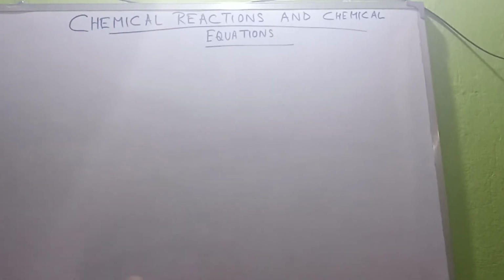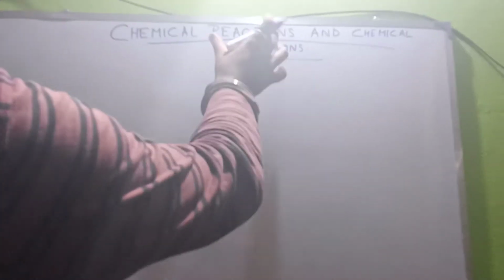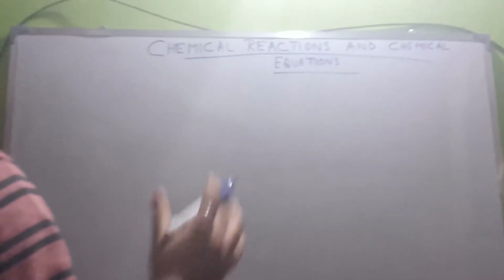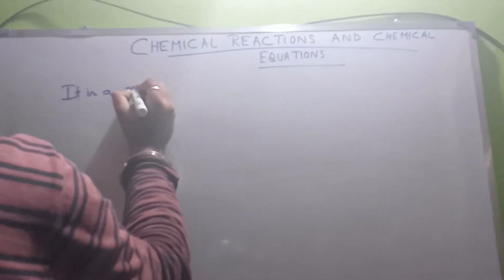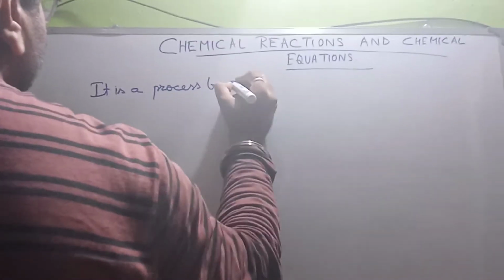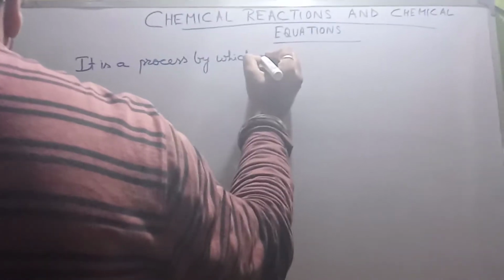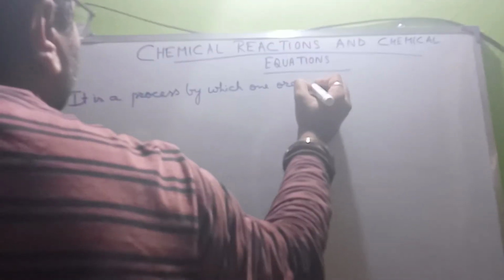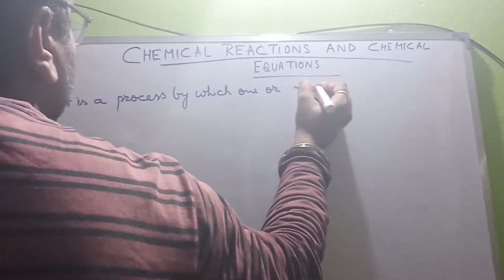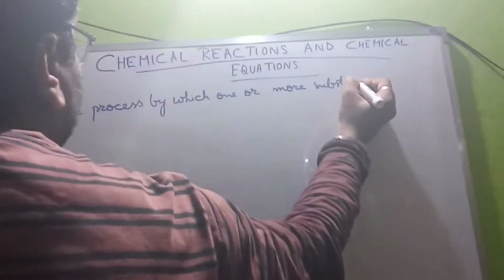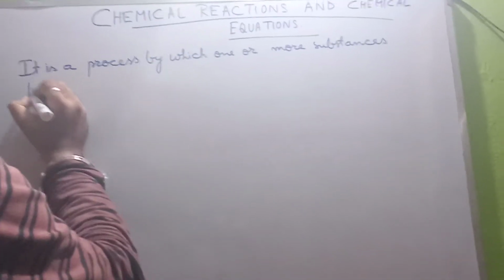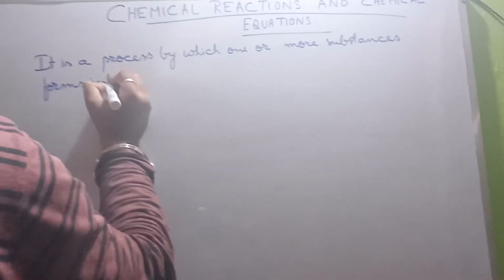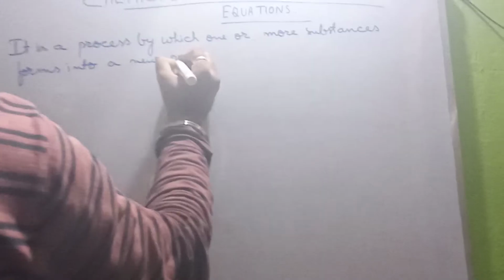Often when we hear the term chemistry, we think that it is all about reactions, but there is a difference between chemical equations and reactions. So a chemical reaction is a process by which one or more substances form into a new product.